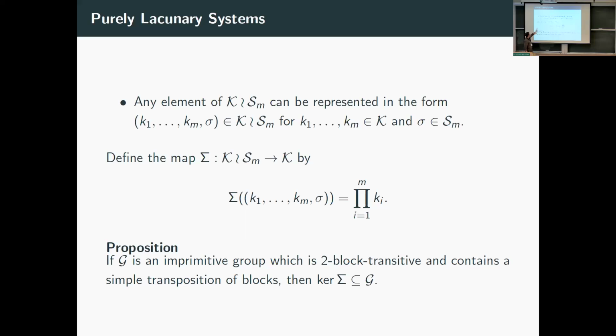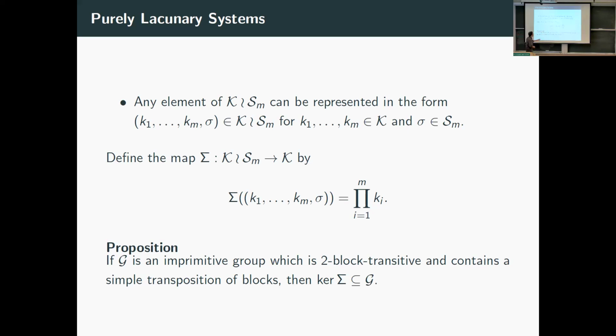We said that the wreath product is all permutations of these blocks, and we're allowed a K action in each of these blocks. We represent an element of this wreath product by a tuple, where sigma is the permutation of these m blocks, and k1 through km are just the elements of K that we're allowing to act in each block individually.